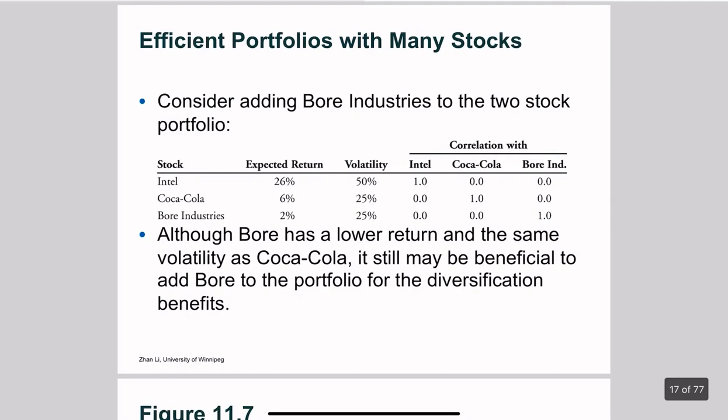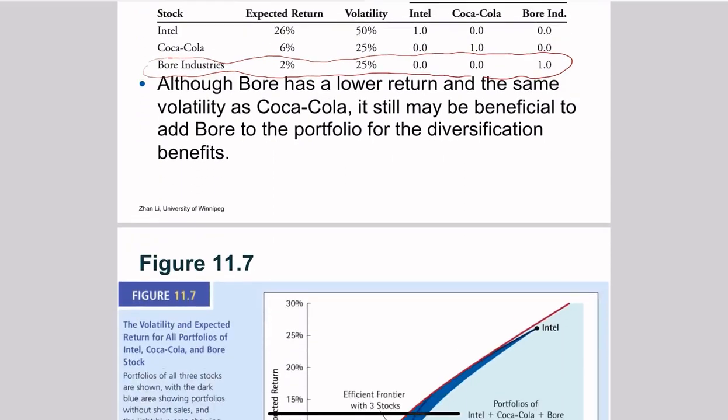Okay, now let's consider the efficient portfolios with many stocks. So to be more precise, we will add a third firm, which is Bohr Industries. Now let's see how the efficient frontier, the efficient portfolios, will change.